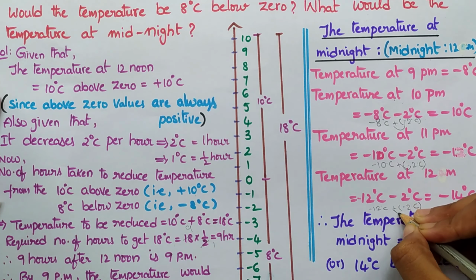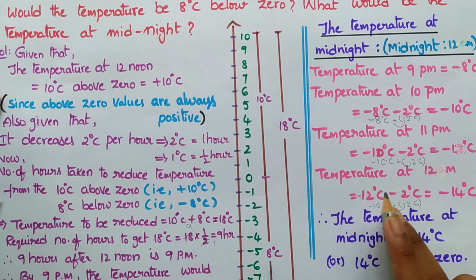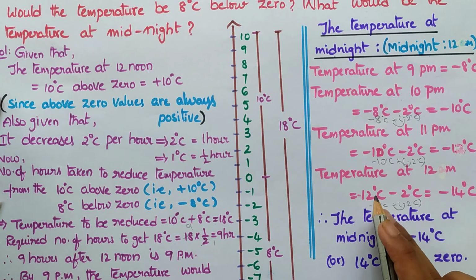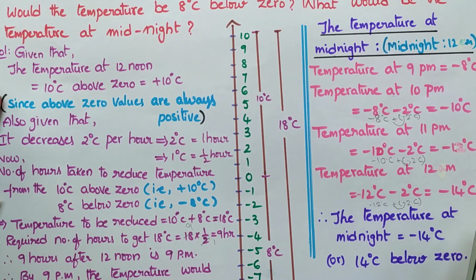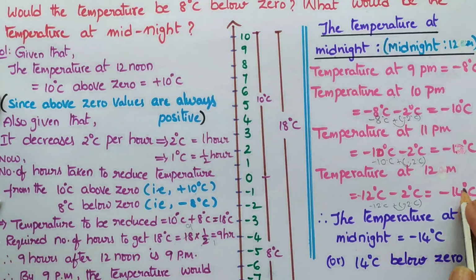Plus into minus is minus, so it is minus 12 minus 2. We have to add the integers. 12 plus 2 is 14. Therefore the temperature at midnight is minus 14 degrees Celsius, or 14 degrees Celsius below 0. Is it clear, friends?